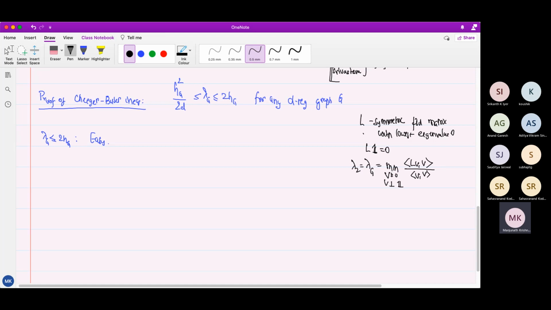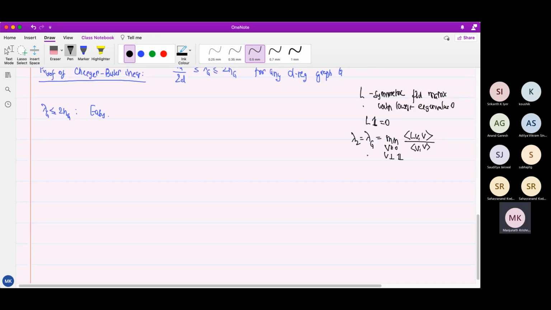This is something you may know: Rayleigh's formula for symmetric matrices. The smallest eigenvalue you get by minimizing the quadratic form. The next smallest eigenvalue you get by minimizing the quadratic form on the subspace orthogonal to the first eigenvector.